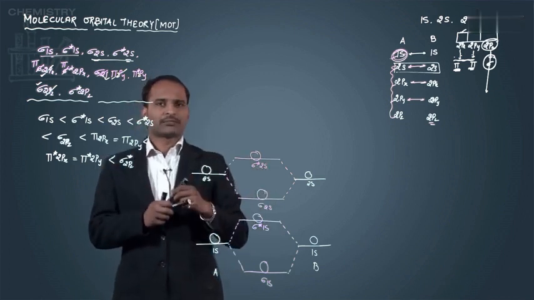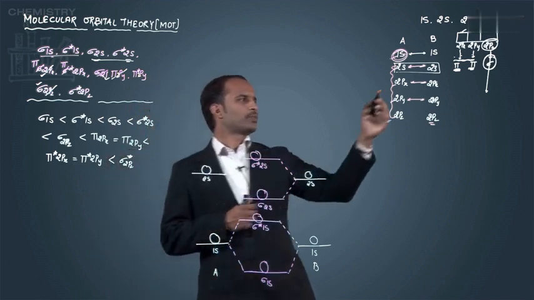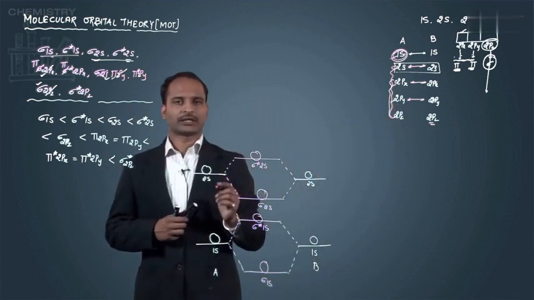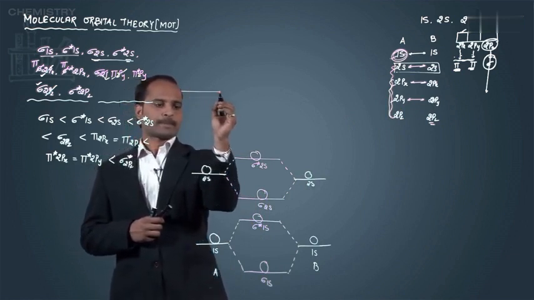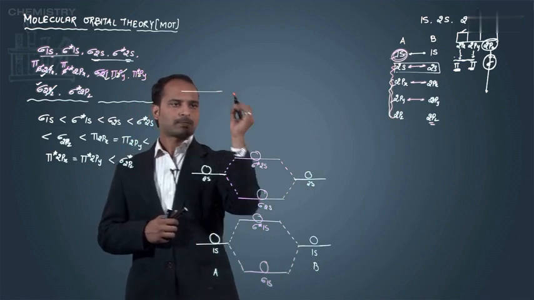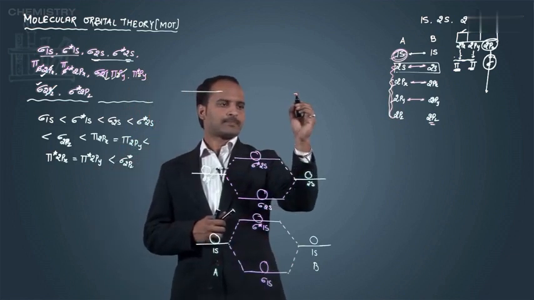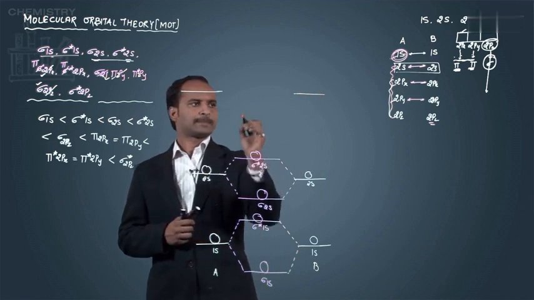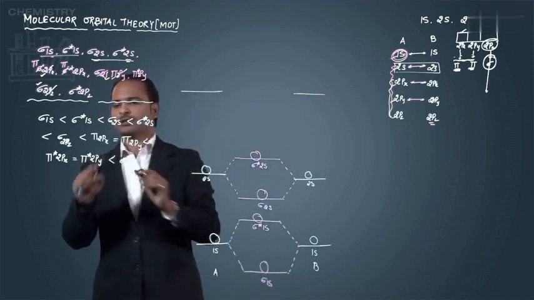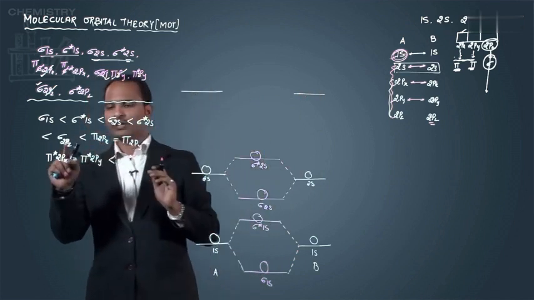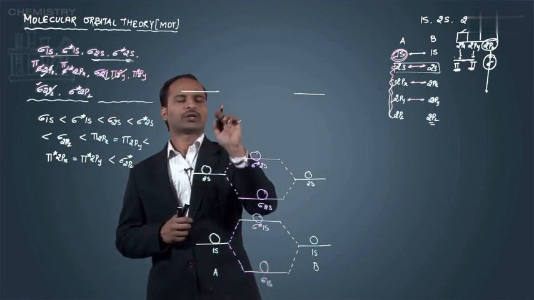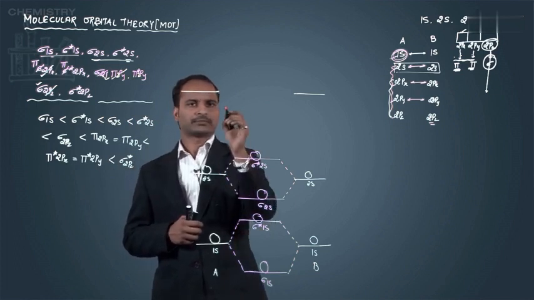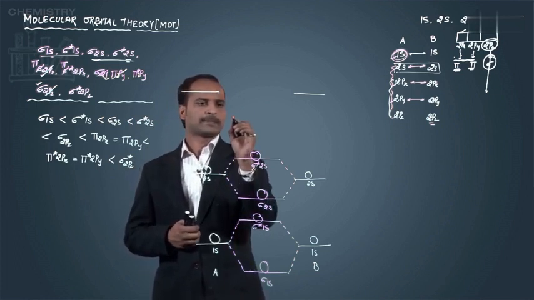Then 2p orbitals combine together. Each 2p contains 3 orbitals, that is px, py and pz. There are a total of 6 orbitals, but at the same time I can say there are 4 levels, 1, 2, 3 and 4. Out of 4 levels, 2 are bonding and 2 are anti-bonding.